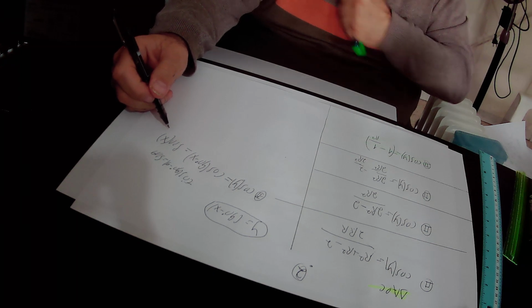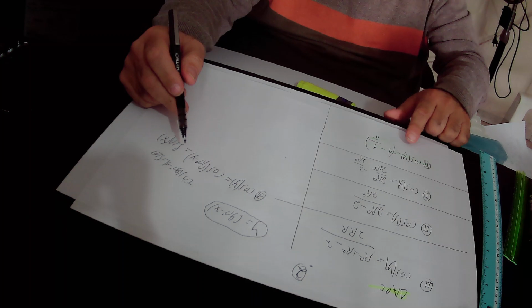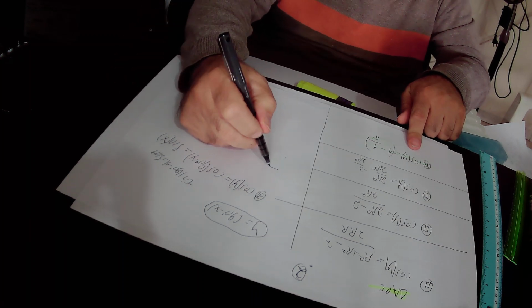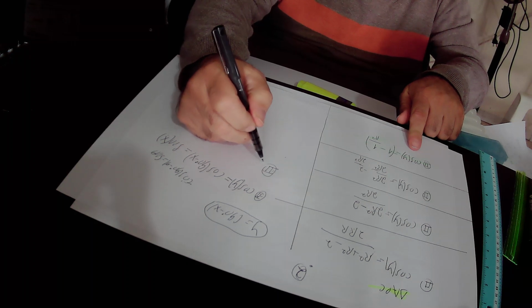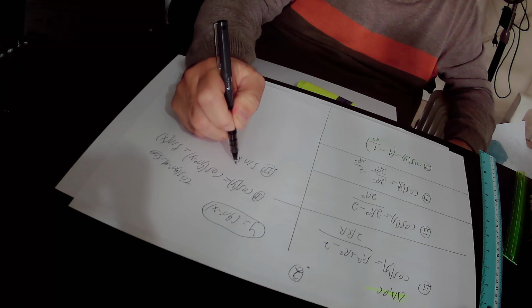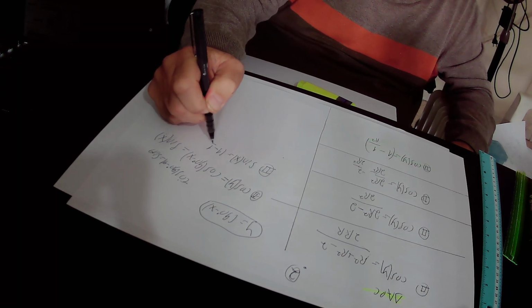Therefore, we substitute cosine y in equation number 2 by sine x. And we get that according to equation number 2, sine x equals 1 minus 1 over r squared.